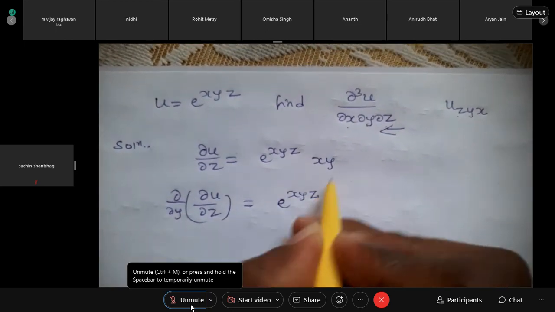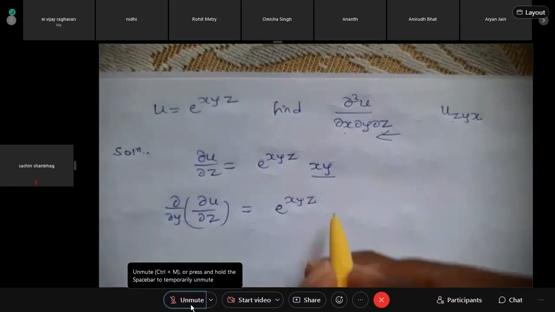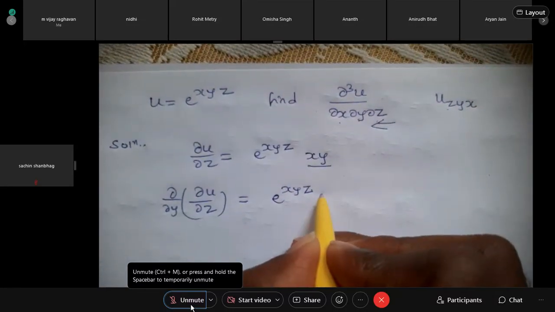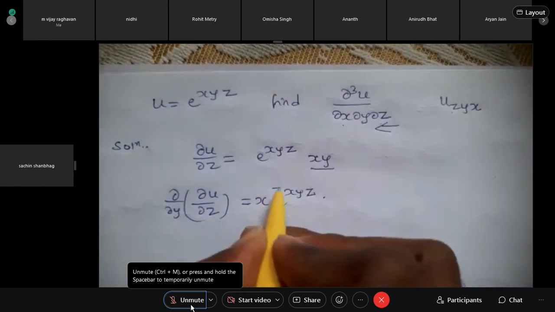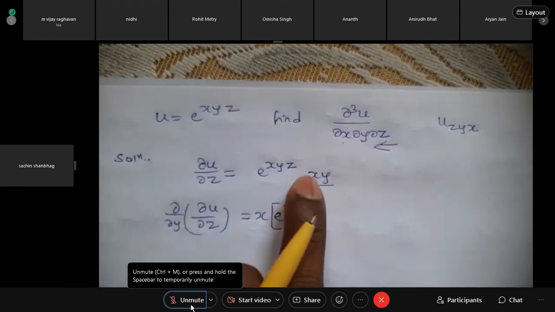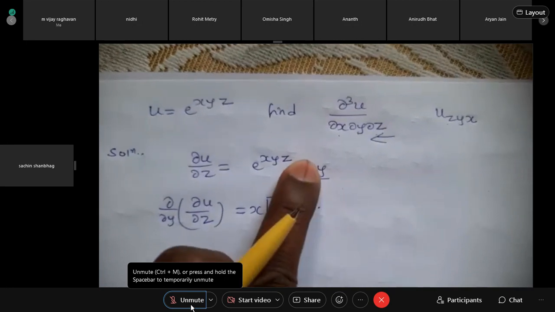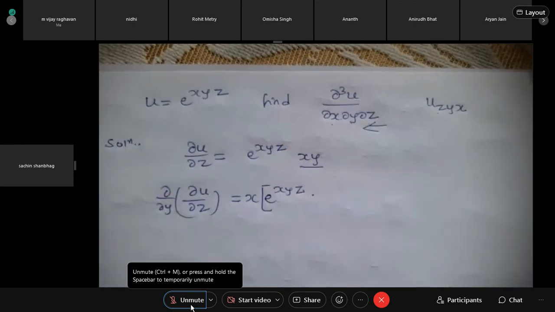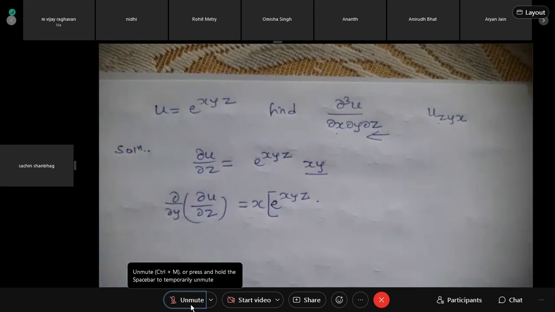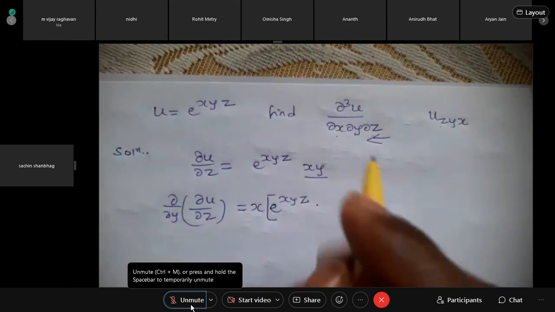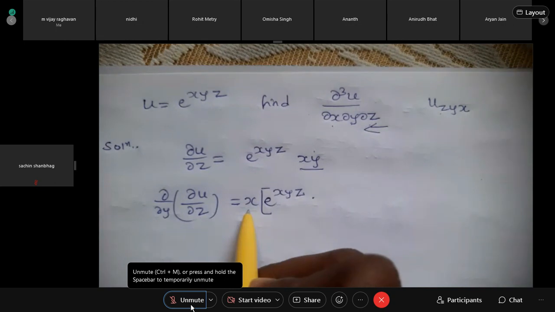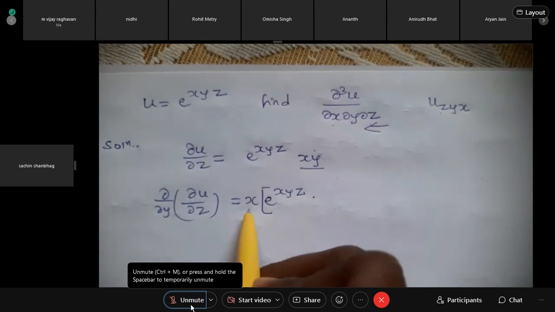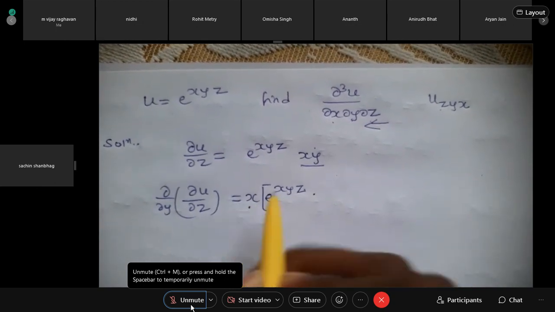e to the power xyz into differentiation of xy with respect to y will give us e power xyz into x. Can I treat x as constant? Yes, in this xy, x is nothing to do with differentiation because x is a constant.